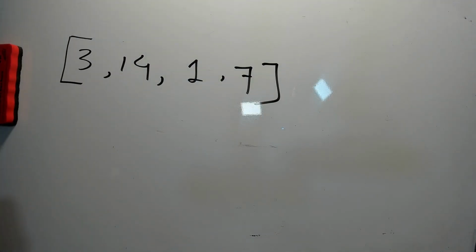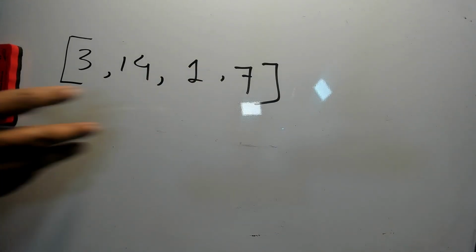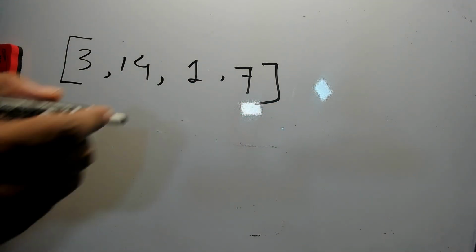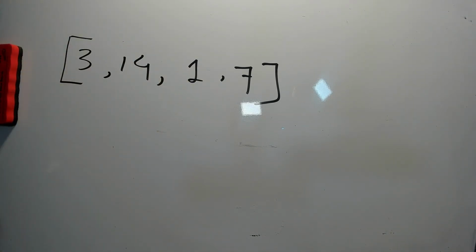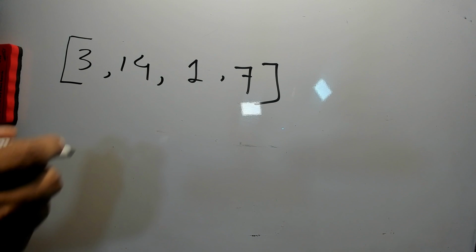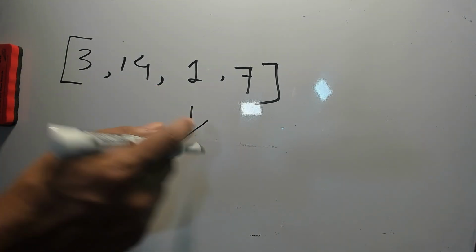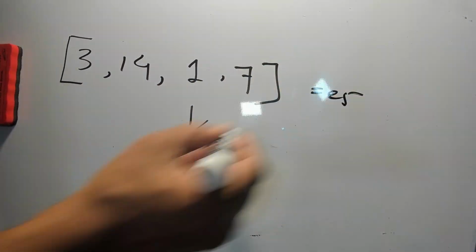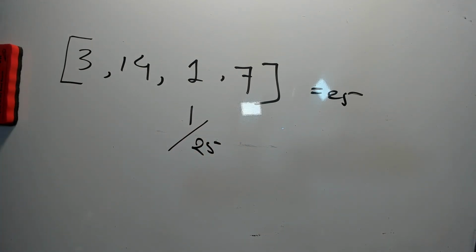As per the question, if we pick a number randomly from this array that contains only 4 numbers, for example, if we pick 1, the probability that we will get 1 will be 1 divided by the sum of all the numbers, that is 25. So it will be 1 by 25.